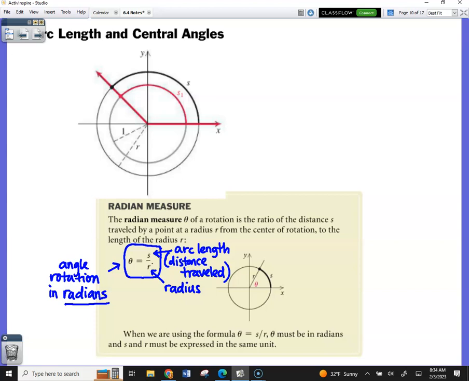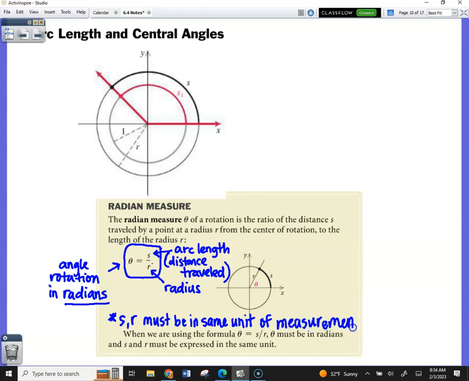The angle of rotation absolutely has to be in radians. There's another must-have, and I'm going to put an asterisk right here: S and R, the arc length and the radius, must be in the same unit of measurement.